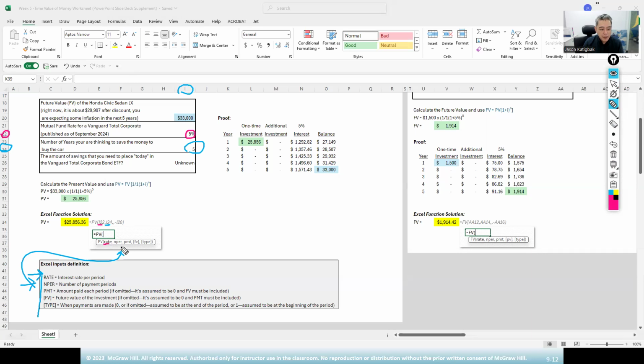Then I skip, so you see one comma and then another comma. Basically, you skip the payment amount and go to the future value. The future value is the 33,000, that's why it's I-20.